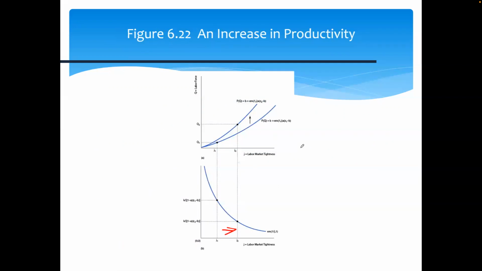In other words, if we look at this original curve, we're going to go to here. But this is not going to stop here, right? Why? It's because the value for workers is going to increase simply because the wage is going to increase. Remember, the households are going to extract a fraction of the wage.